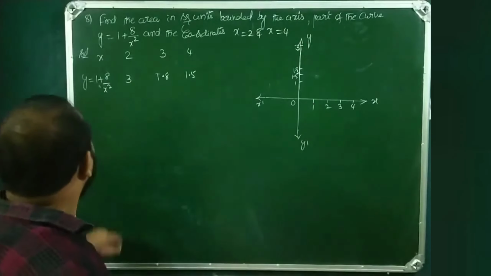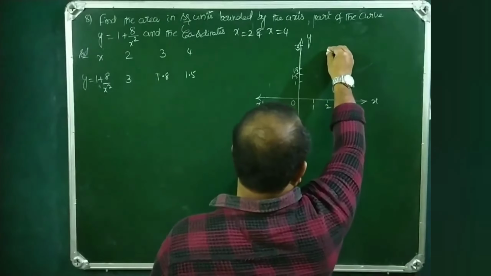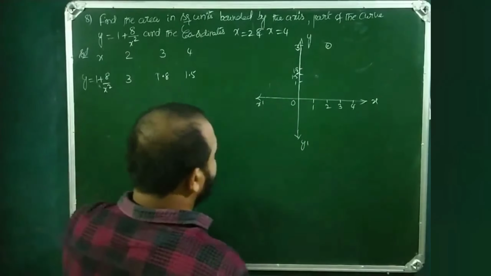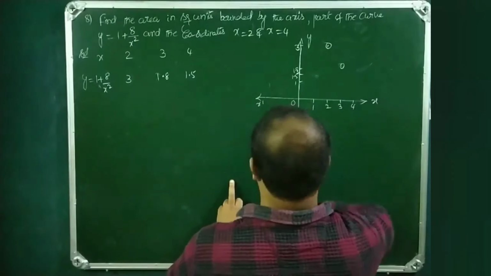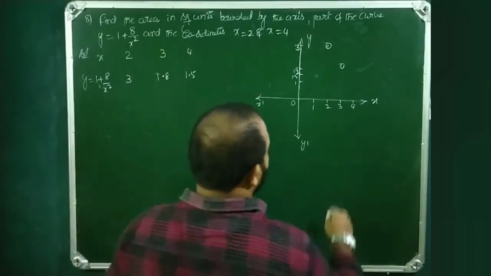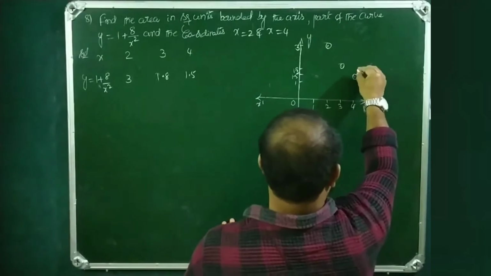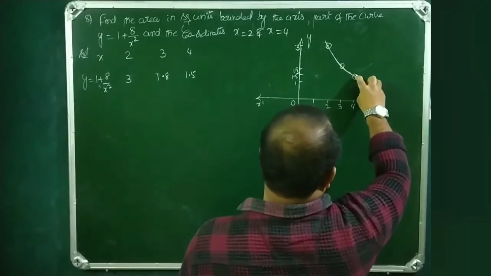Now, 2, 3 is here. Next, 3, 1.8 is here. Next, 4, 1.5 is somewhere here. So this is the part of the curve. We don't know how it behaves.